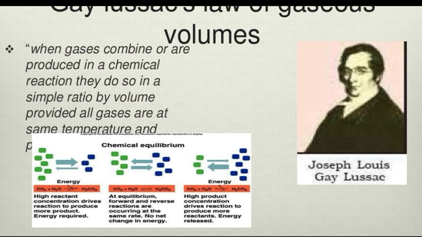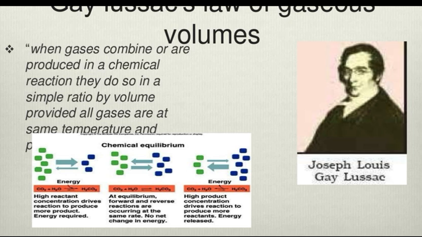Okay, we can show here a chemical equilibrium with energy, carbon dioxide and water. It gives H2CO3. You can see here our arrows: energy and high reactant concentration drive the reaction to produce more product, and energy is required also. And then the next second step, chemical equilibrium: carbon dioxide and water give H2CO3.